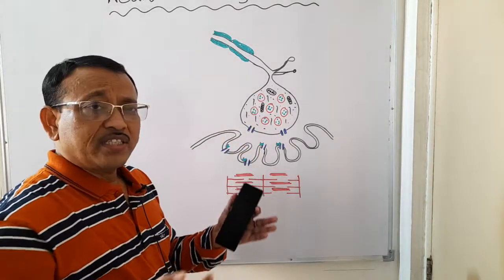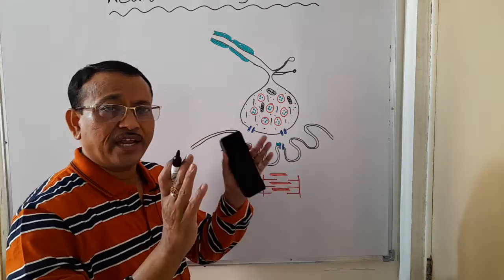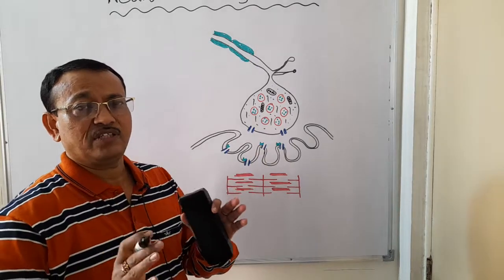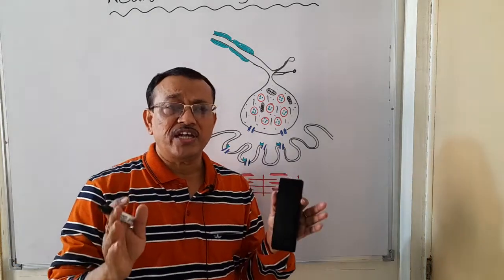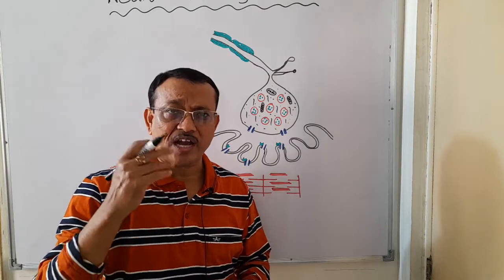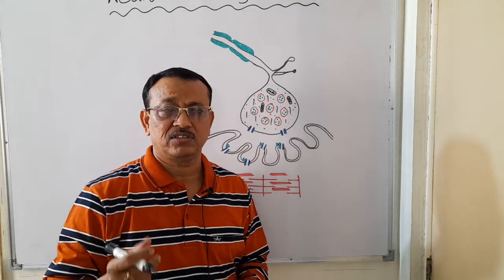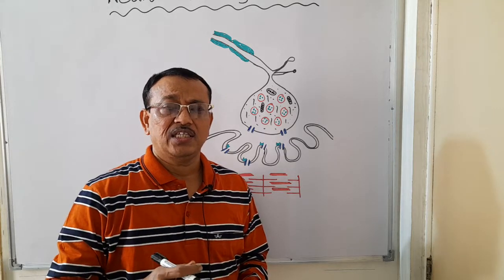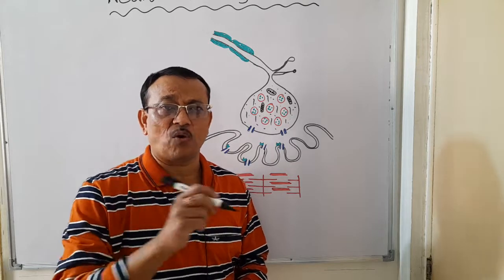So the neuromuscular junction, as I told, is the specialized structure in between the nerve and the muscle. You know that for initiating any contractile process, for the contractions of the muscle, voluntary muscles especially, the nerve supply, the stimulation of the nerve, is required.